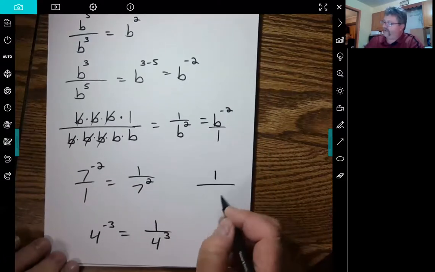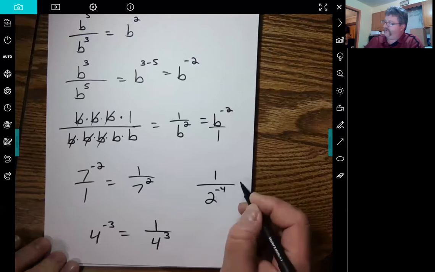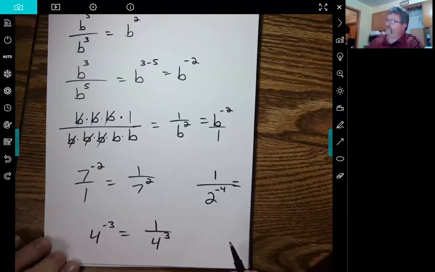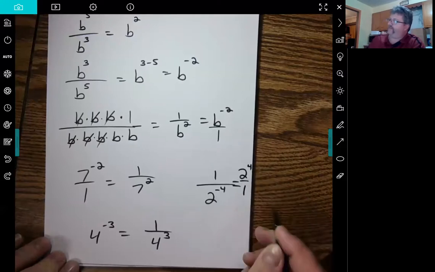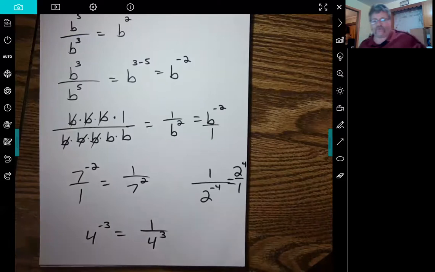Okay, if I've got 1 over 2 to the negative 4, I'm going to move that now denominator to the top, 2 to the positive 4. Yeah, I could say over 1 if I want, but you don't have to show a denominator of 1, okay? You would have to show a numerator of 1. All right, so that's kind of our rule here.